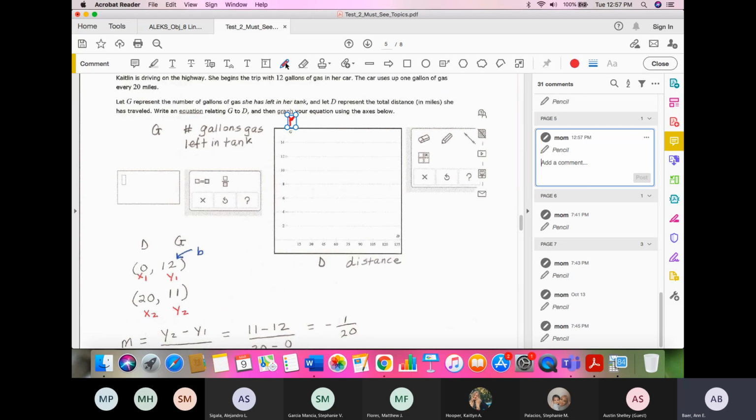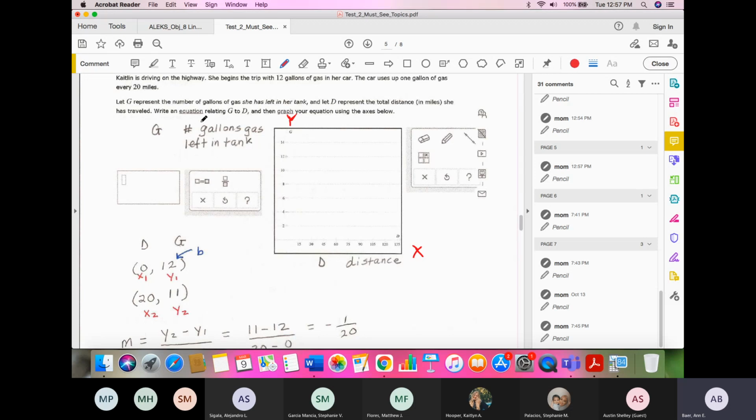But ALEKS is not going to give you the correct answer. In order to get the correct answer in ALEKS, you definitely want to convert to the variables that they give you. In this case, the y is G, you want to use G, and the x is D, you want to use D.